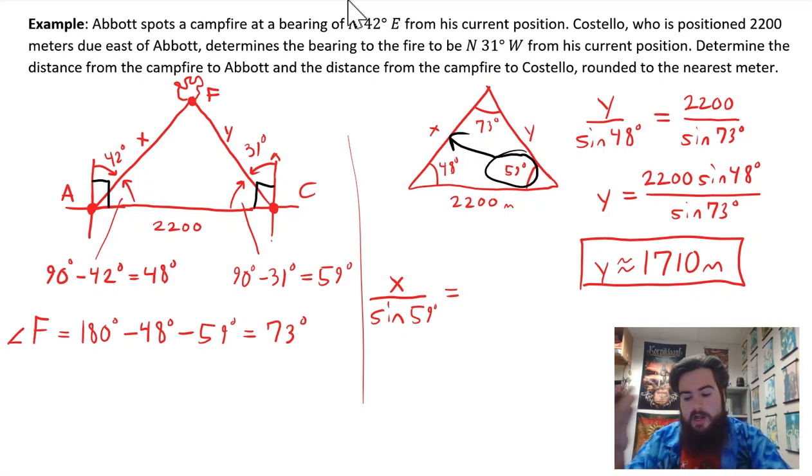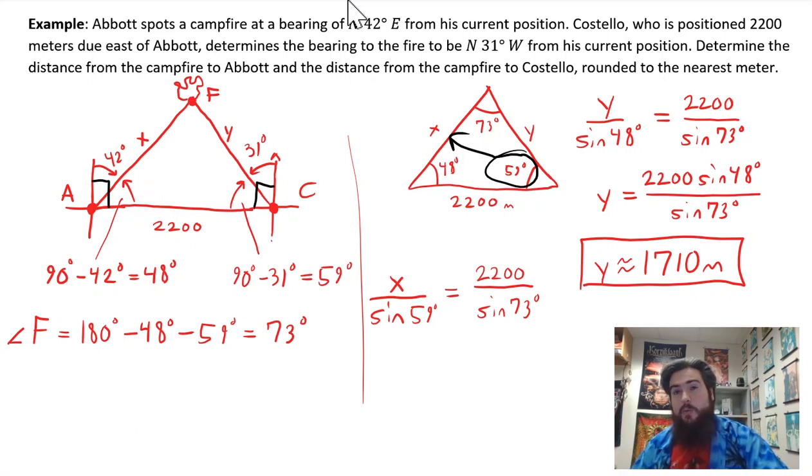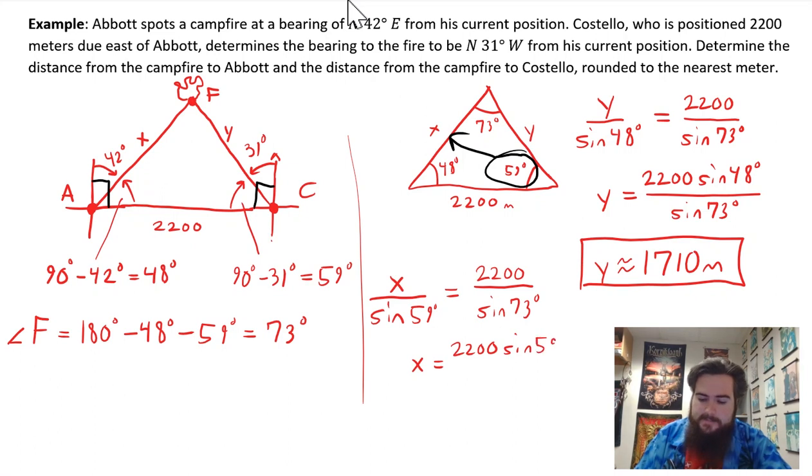Is equal to, I'll use the same ratio from before, 2,200 meters divided by sine of 73. Meaning when I solve for x, the equation is going to look very similar. Instead of 2,200 times sine of 48, this will be 2,200 times sine of 59, and that will be divided by sine of 73.